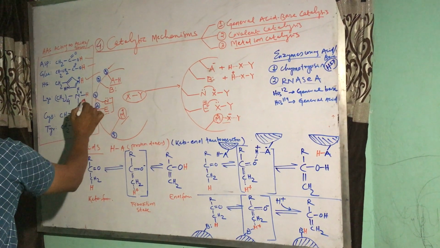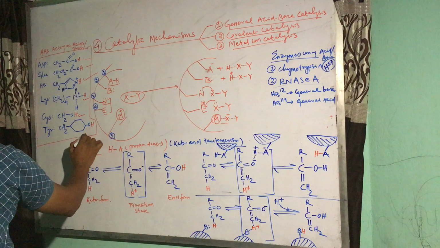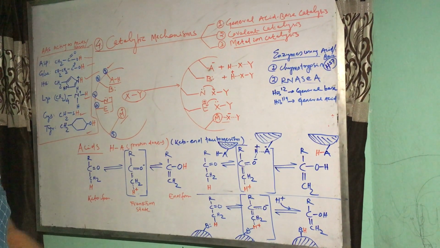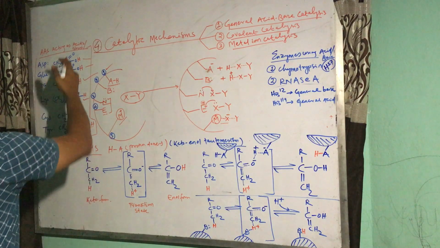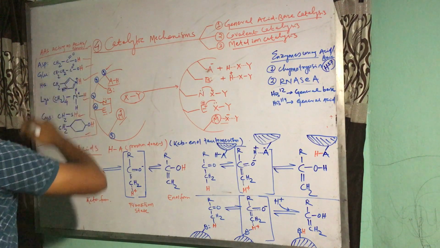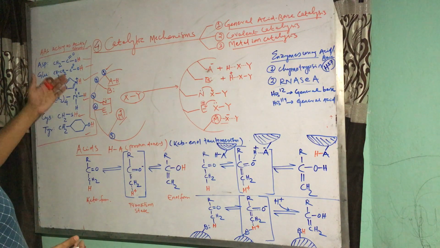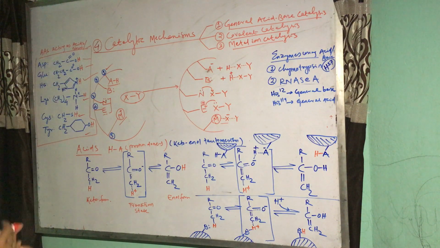Histidine, lysine, cysteine, tyrosine: depending on the pH in which the reaction is going on, they can either accept a proton or donate a proton, so that they can act as a general base or a general acid.